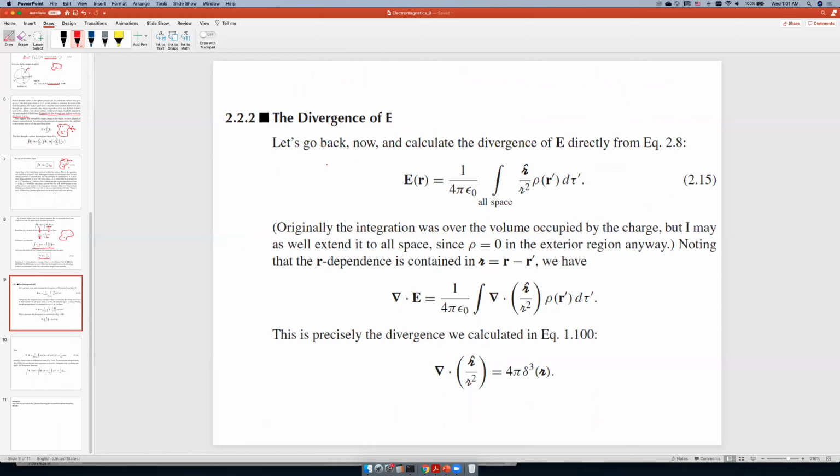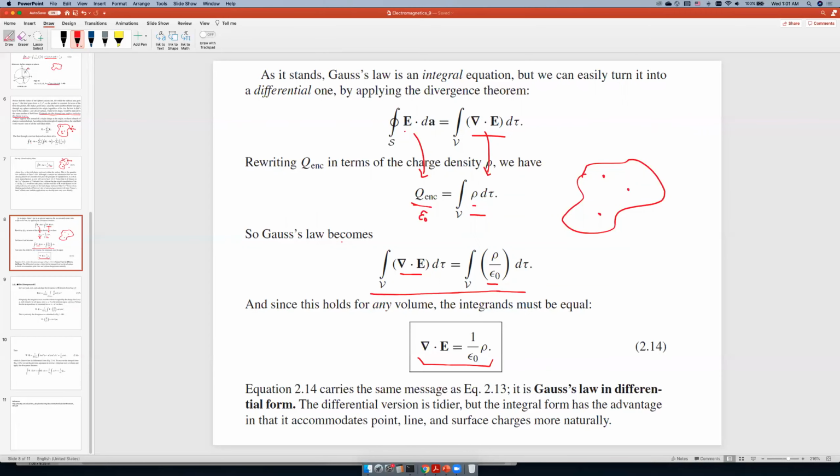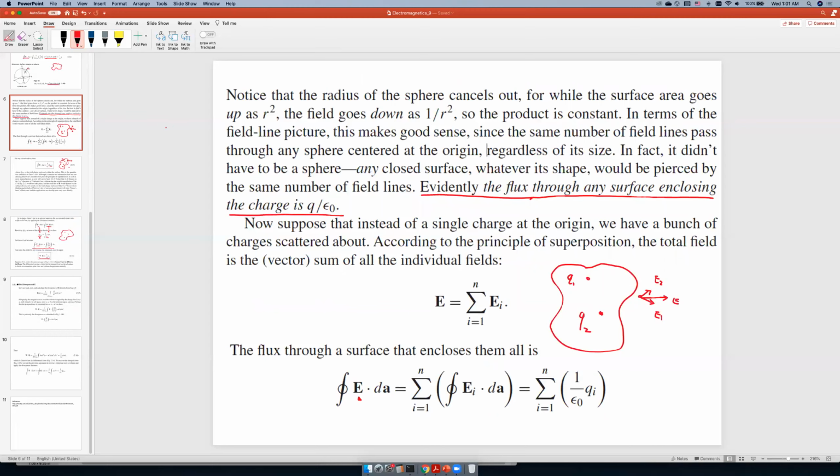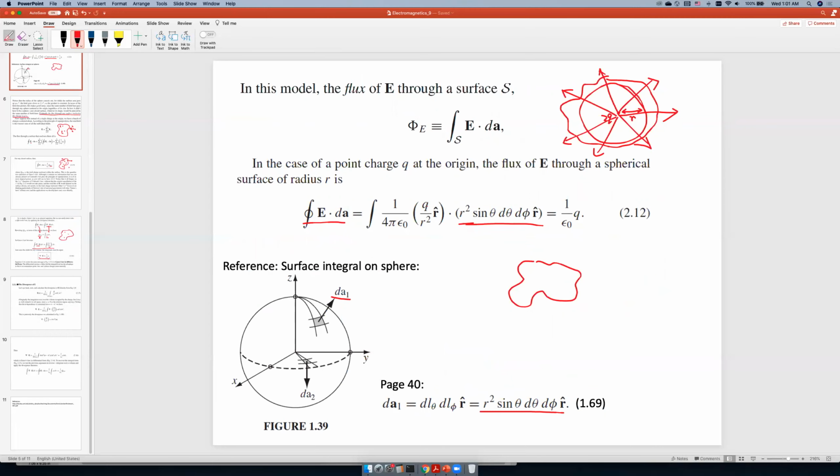The divergence of E. So we have some time to introduce the Gauss equation, Gauss law. We demonstrated the Gauss law based on the spherical surface.